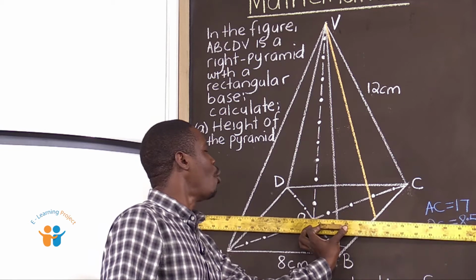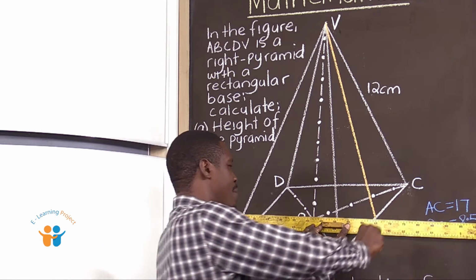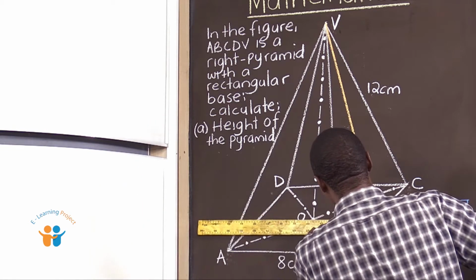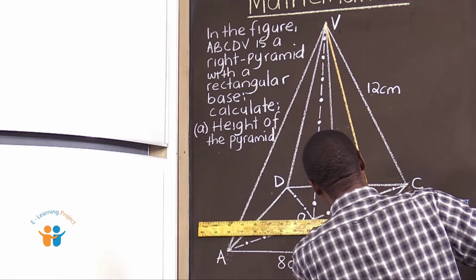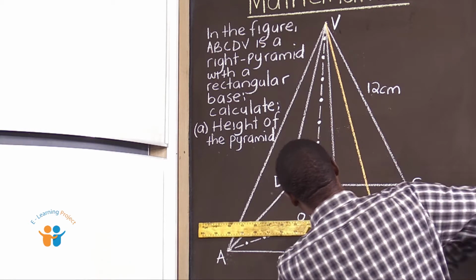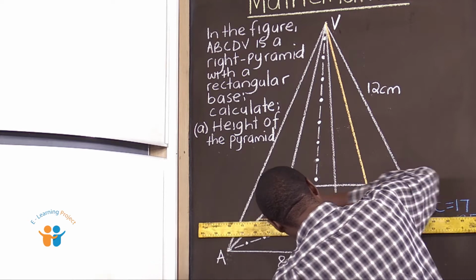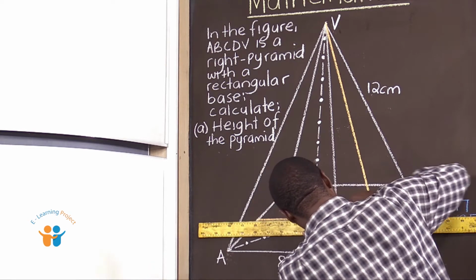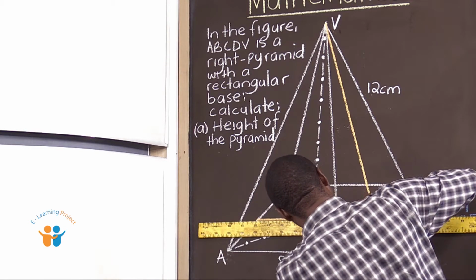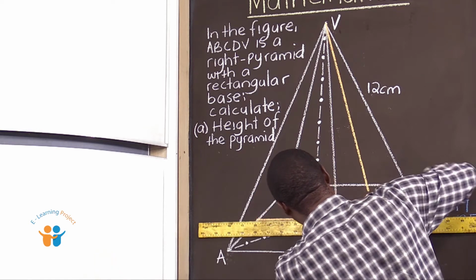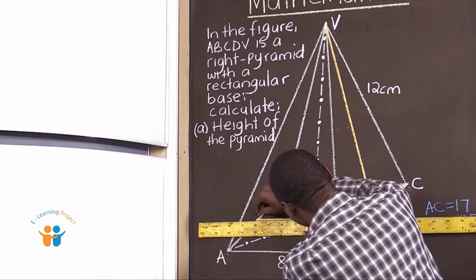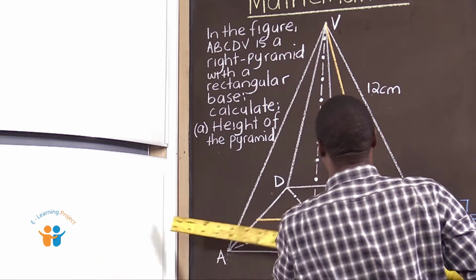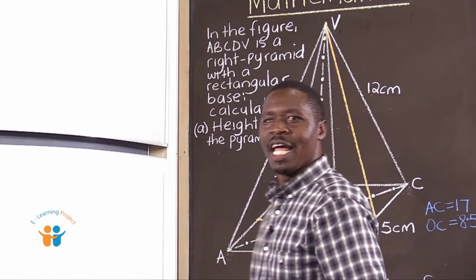Mr. Examiner, sir, I draw another perpendicular bisector like this, through the base plane. That is what I have.